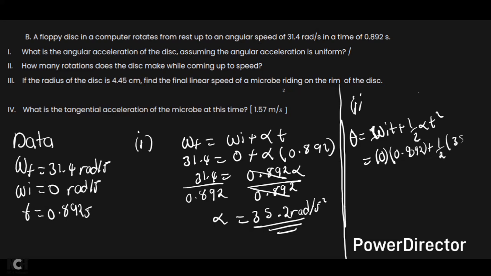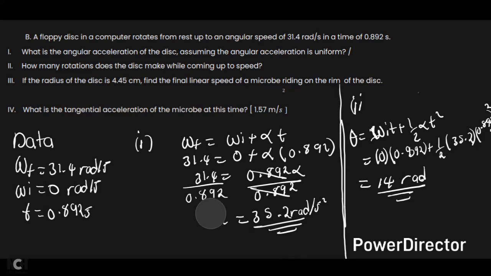The alpha is 35.2. Then what's the time? The time is 0.892. Remember here it's squared like that. Then what should be your displacement in this situation? Your displacement will be 14 rad, just like that. So that's how you calculate this type of situation.